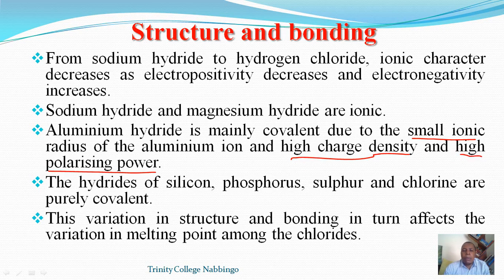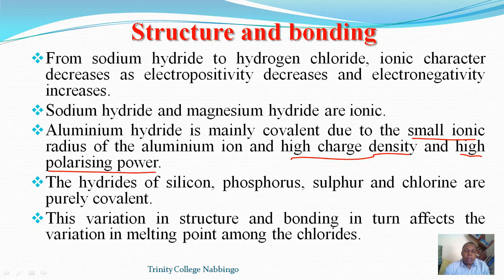Having high polarizing power, this we have discussed previously, is a recipe for formation of covalent compounds. So although aluminium hydride is expected to be ionic, it's mainly covalent because of the properties of the aluminium cation, which has a small ionic radius and a very big charge. As a result, it has a high charge density and a high polarizing power.